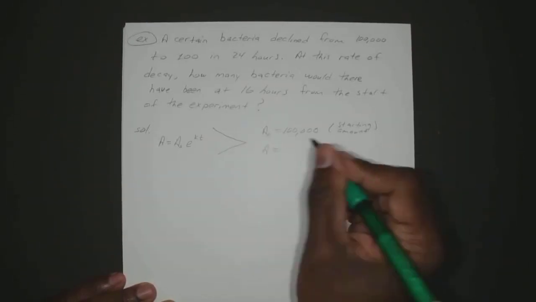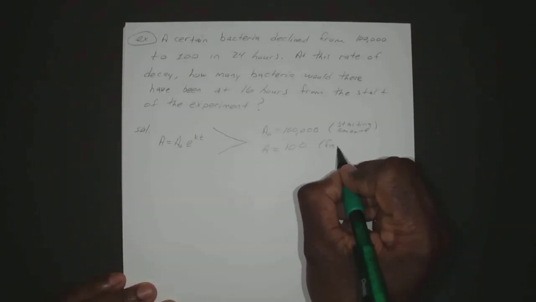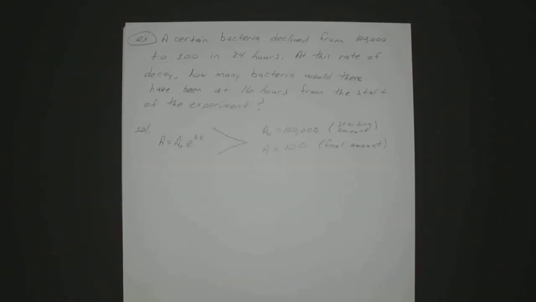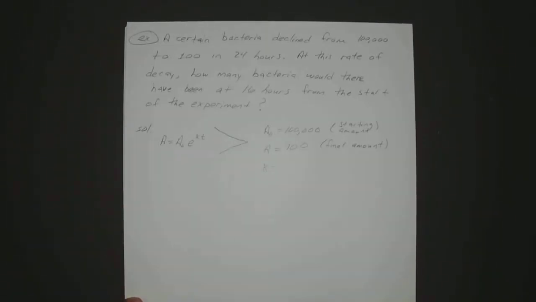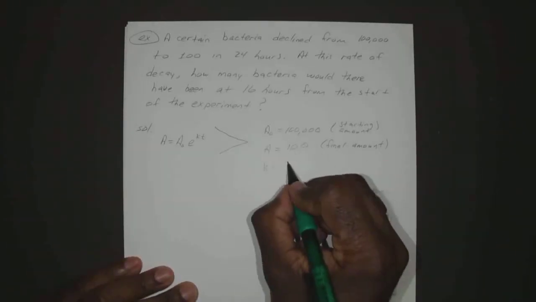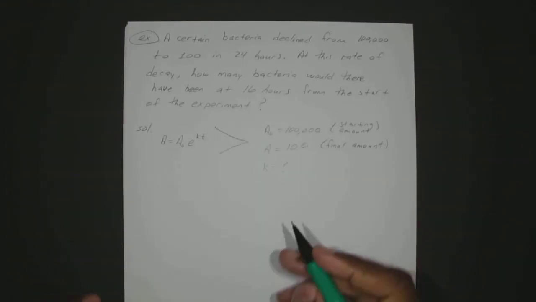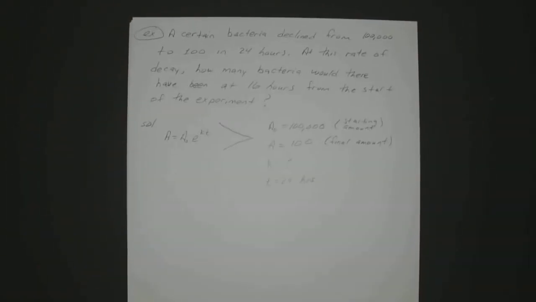And where it is now is 100, which is our final amount. Our K, we don't know what that is. They never told us. But we do know that our time is 24 hours. So the first thing we have to do is solve for K.